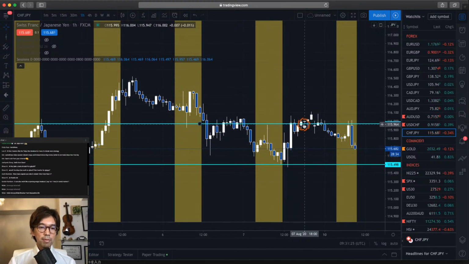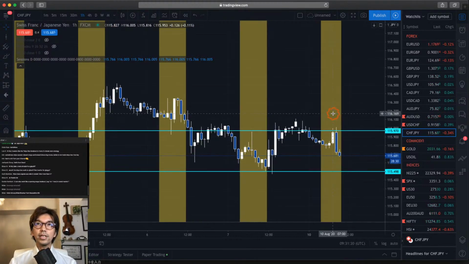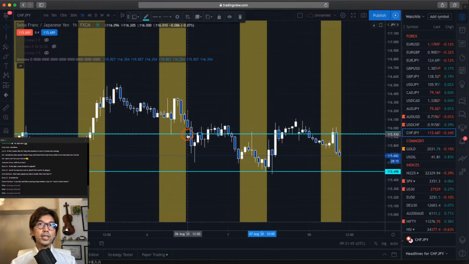And this time the price broke the high. Hold on, the price broke the high, and now it's retracing backwards. So this was kind of a fake breakout. But on the previous day, the lowest was here.